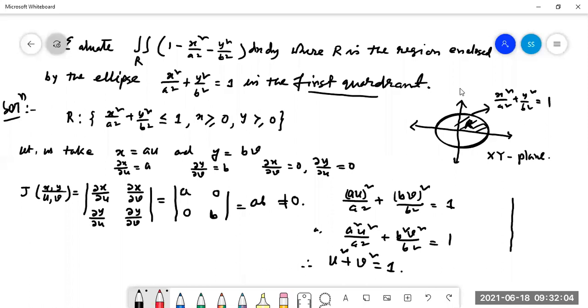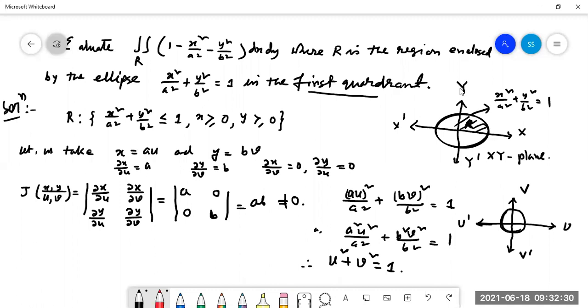Now after taking the transformation, it is coming as x, y to u, v.